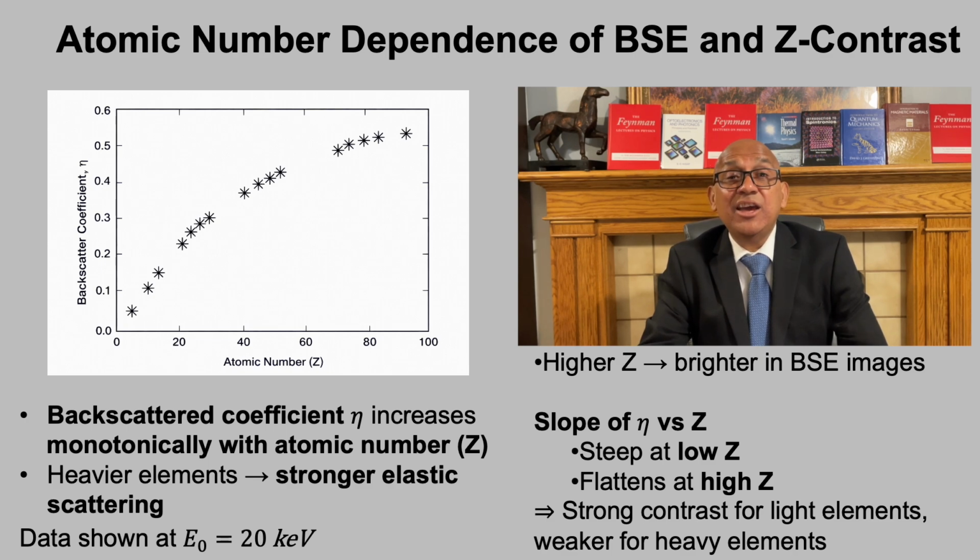Regions with higher Z appear brighter. An important practical detail is that the shape of eta versus Z is steep at low atomic numbers and flattens at high atomic numbers. As a result, BSE contrast is strong for light elements but becomes weaker when distinguishing between heavy elements.